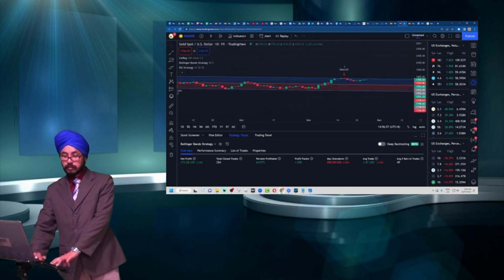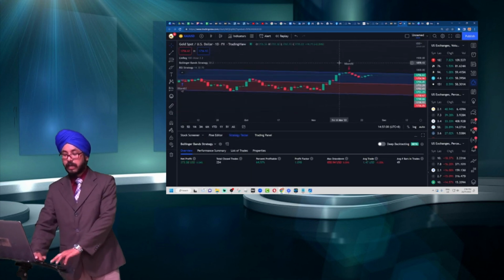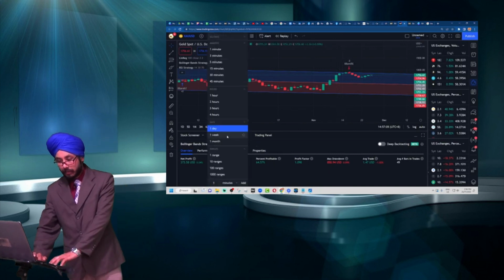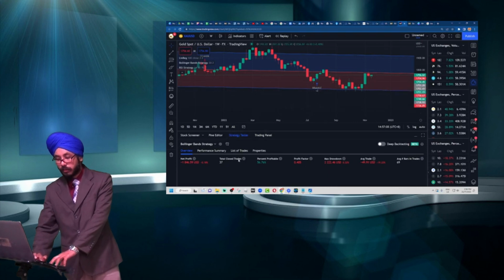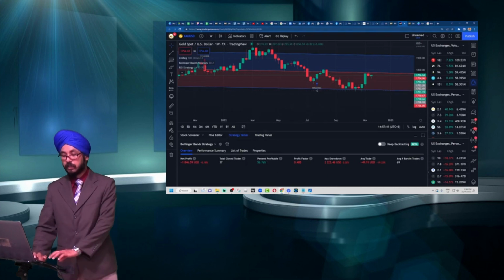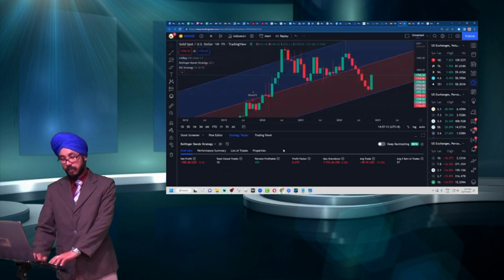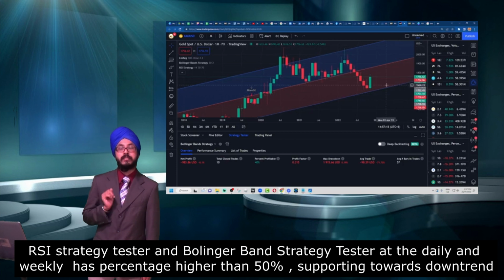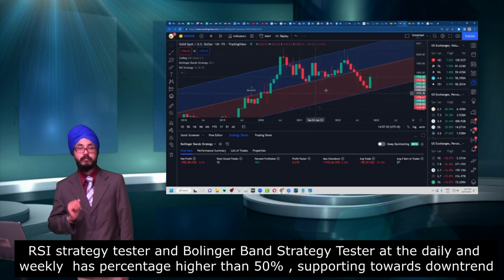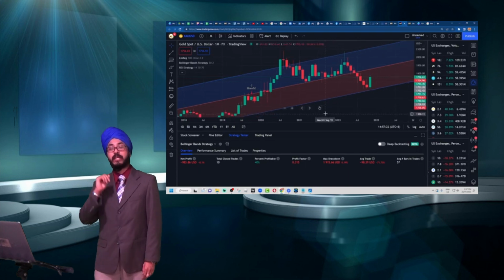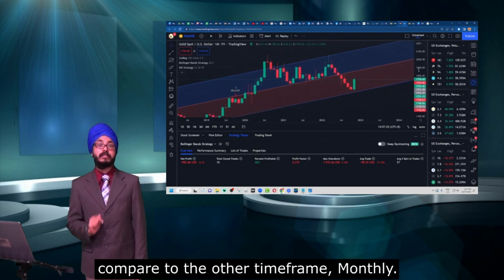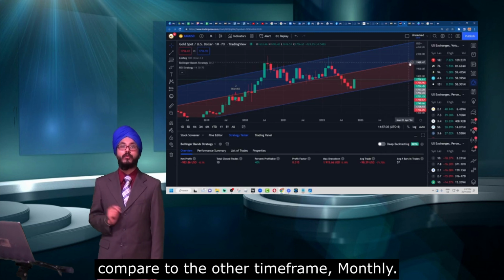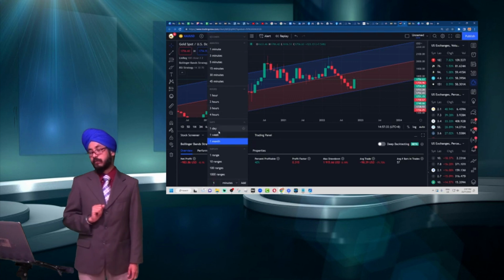We go to the 1 day and we can see that we have about 64.57%, and for our weekly we have about 56.76%, and if we check for our monthly, it will be about 40%. Once again, for the Bollinger Band strategy tester, our monthly time frame did not meet the requirement where the percent profitable for the RSI strategy and also the Bollinger Band strategy tester needs to be above 50%. Thus, we could not go with the monthly time frame.